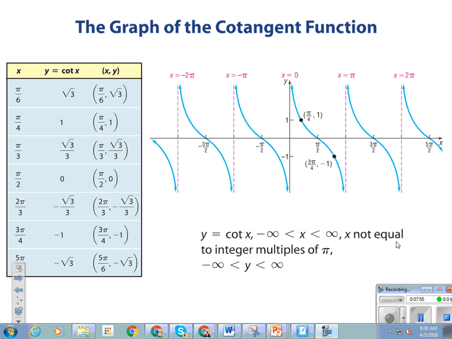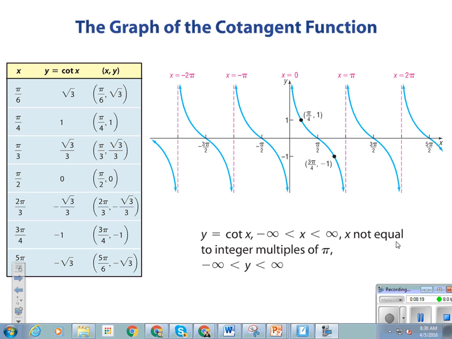All right, so cotangent, y equals cotangent. Our asymptotes are at 0, pi, 2 pi, negative pi, negative 2 pi. So it's consecutive integer multiples of pi.